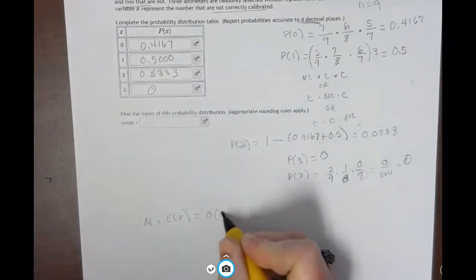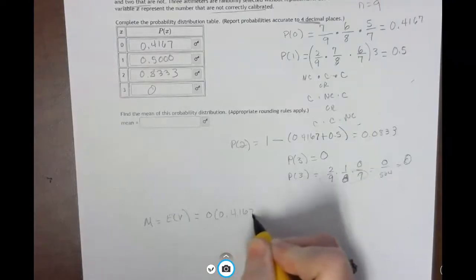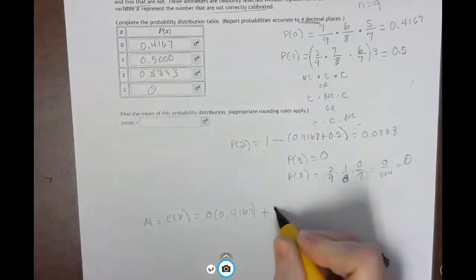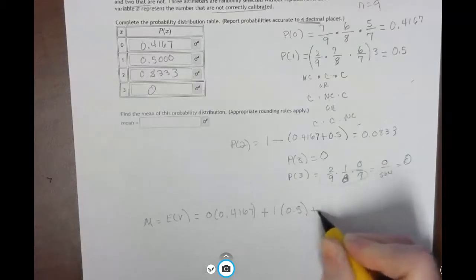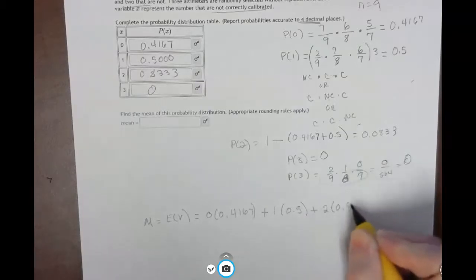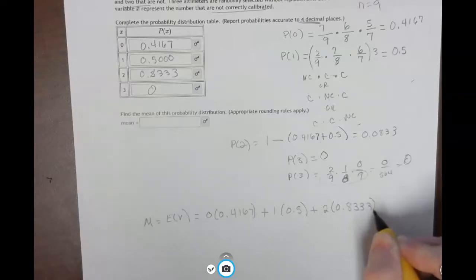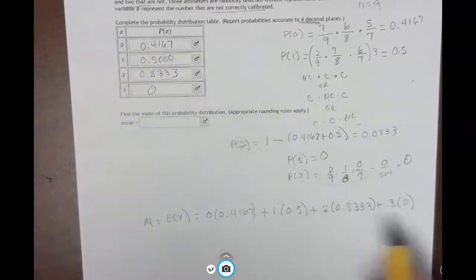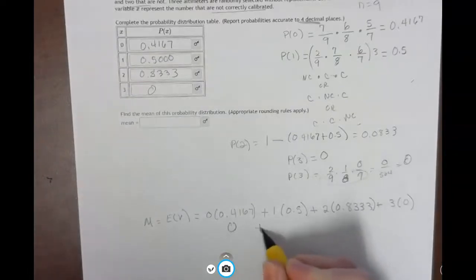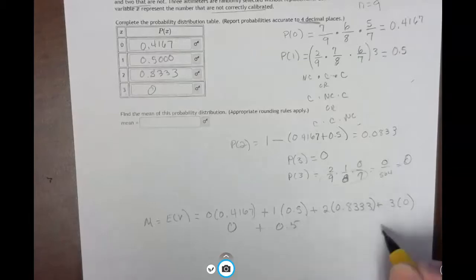So 0 times 0.4167 plus 1 times 0.5 plus 2 times 0.8333 plus 3 times 0. Well, these both are 0. This is 0.5.